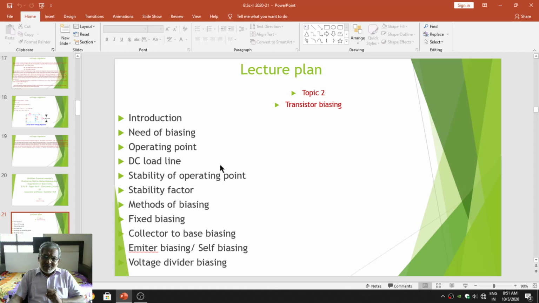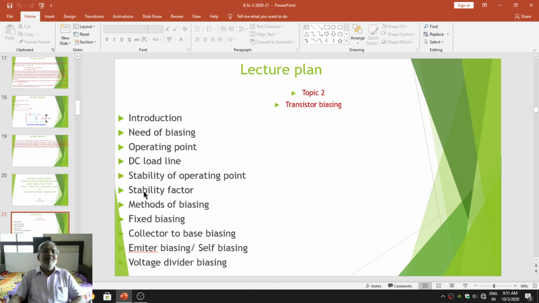Means, what do you mean by stability of the operating point, and why stabilization for BJT is necessary. Then we will proceed to study the stability factor. Friends, stability factor plays a very vital role to provide the stability for the operating point and also to stabilize the transistor for working as an active device.